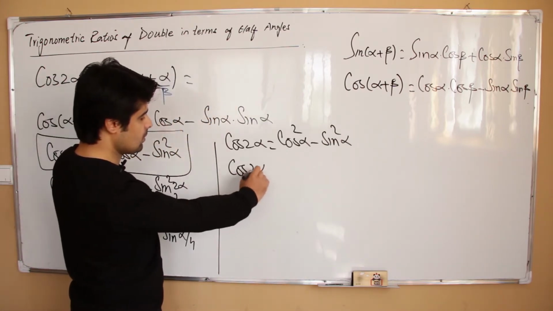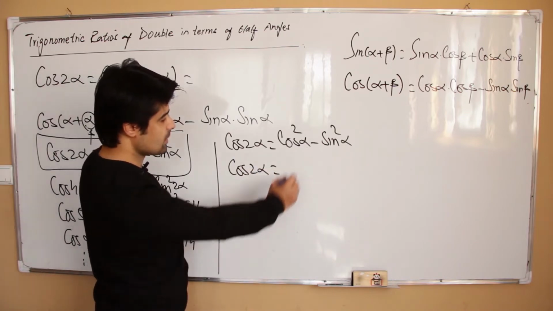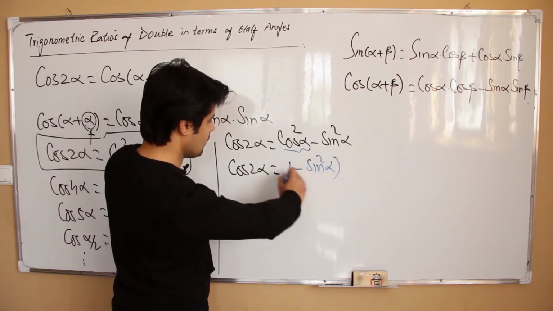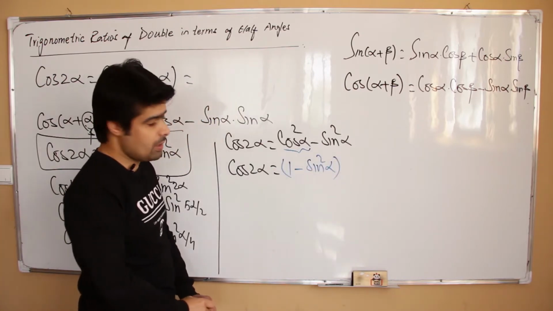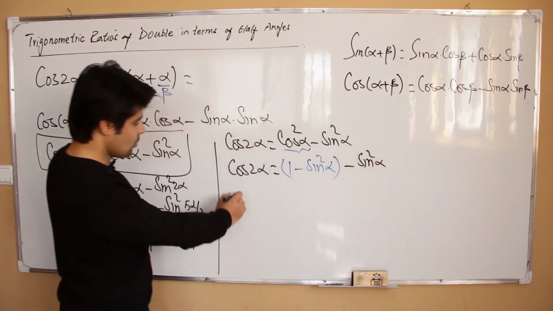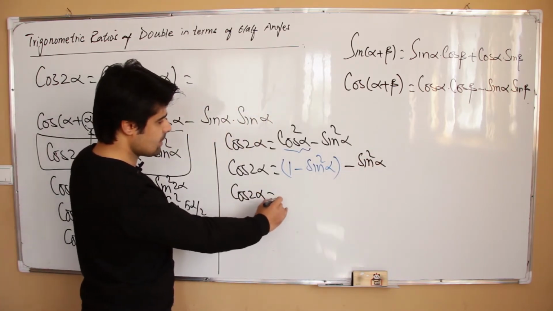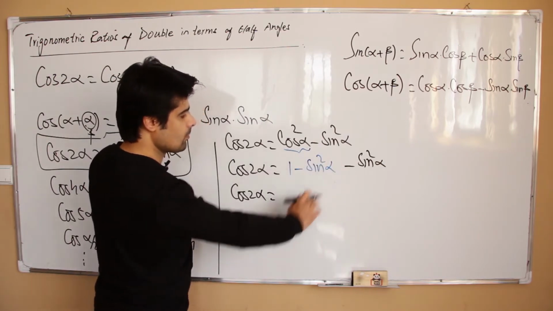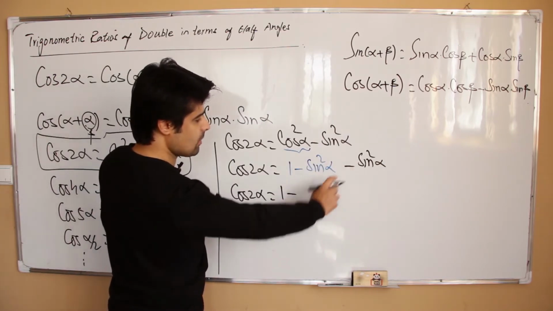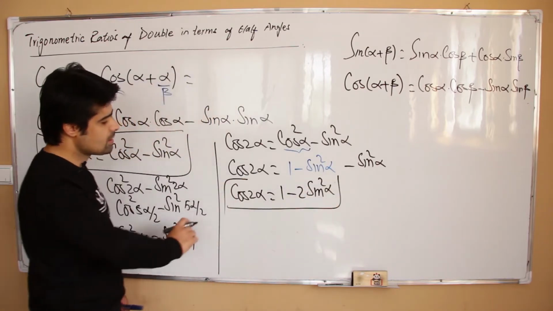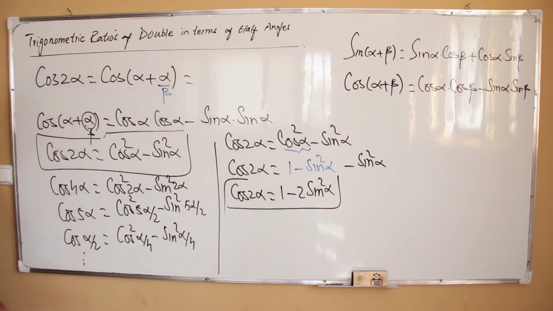Cosine of 2 alpha is equal to, instead of cosine square, we can write 1 minus sine square of alpha, minus sine square of alpha. Now open the bracket: 1 minus sine square minus sine square, which is 1 minus 2 sine square of alpha. This is another formula that we can have for cosine of 2 alpha.